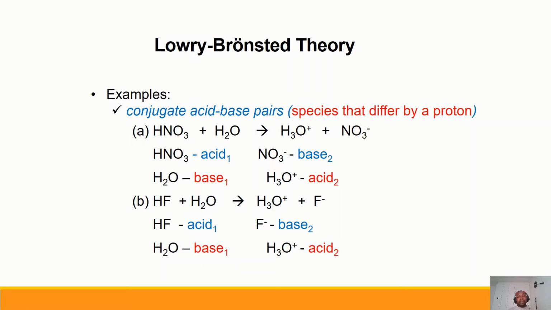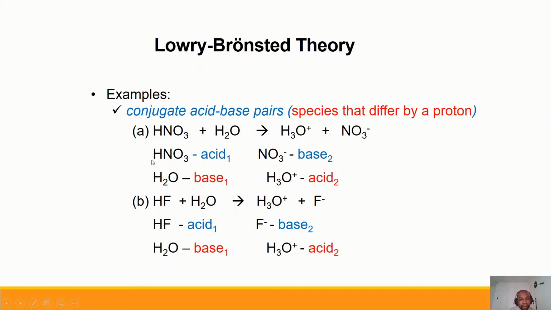So we have some examples of acid-base conjugate pairs. You can see nitric acid reacting with water to produce this. This is going to be the acid, because it's the one donating a proton to water to form this. And the water is the one accepting the proton. So water is going to be the base.